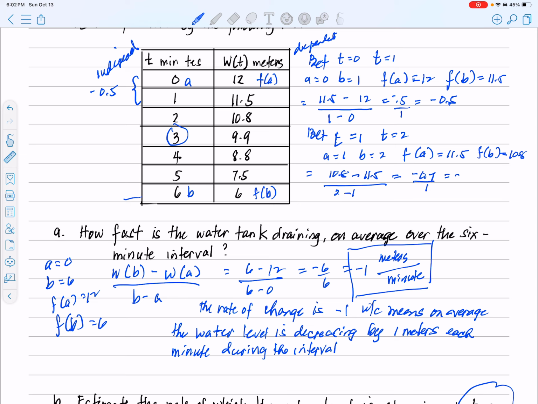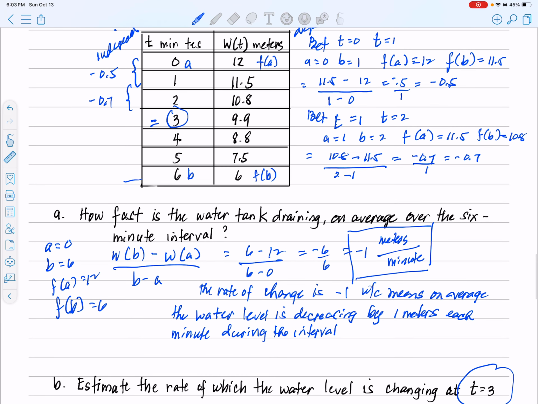So we have a negative 0.7. So our rate of change here is negative 0.7. Let's try. We are moving closer to the point 3.